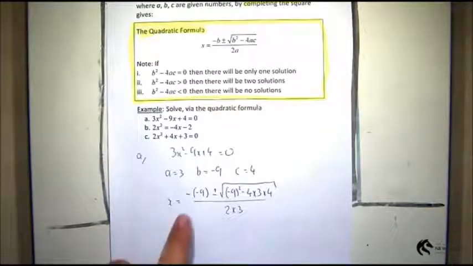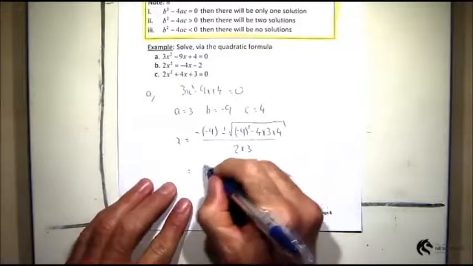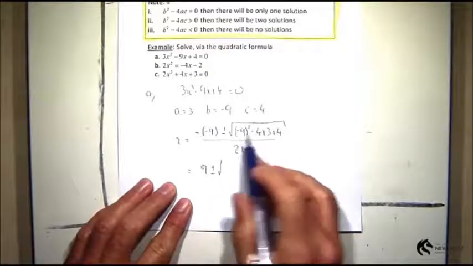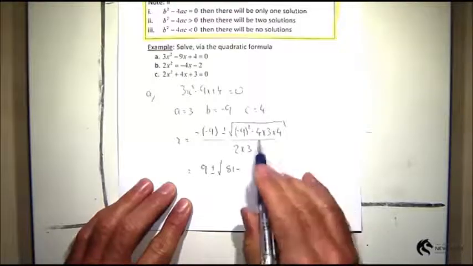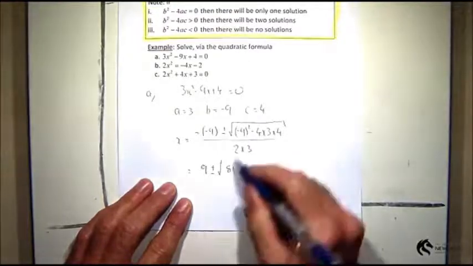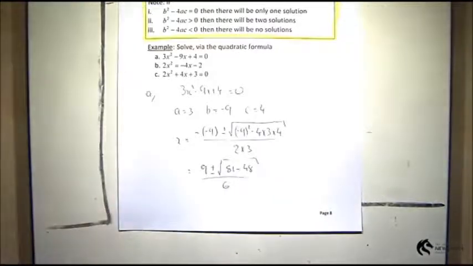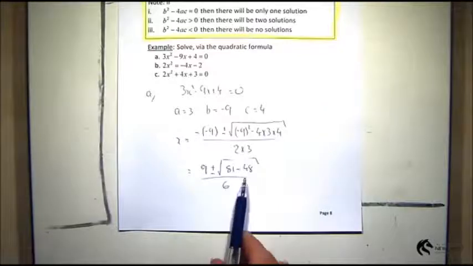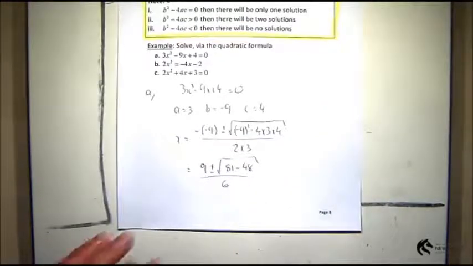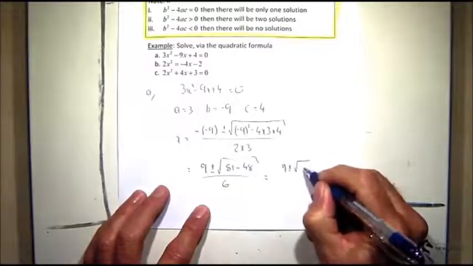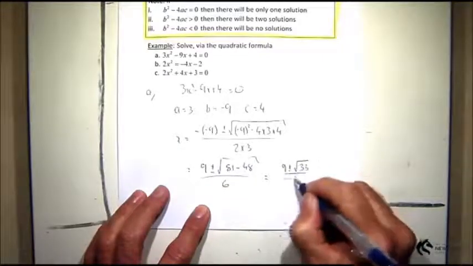So I have here minus minus 9 is plus 9, plus or minus the square root of. Minus 9 squared is 81. 4 times 4 is 16. 3 16s are 48. All on 6. 81 minus 48 would be 33. So here I have 9 plus or minus the square root of 33, all on 6.